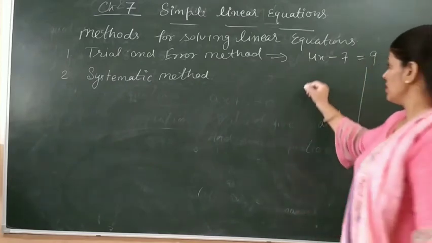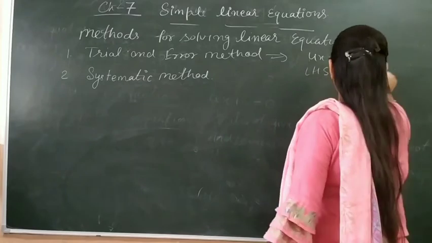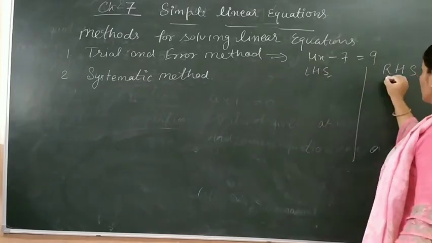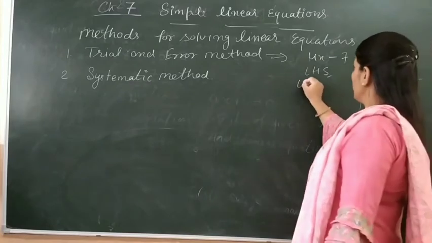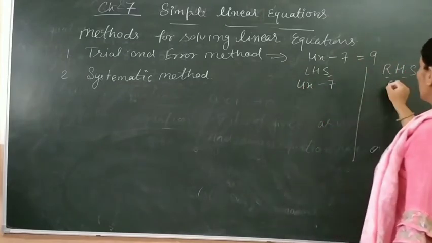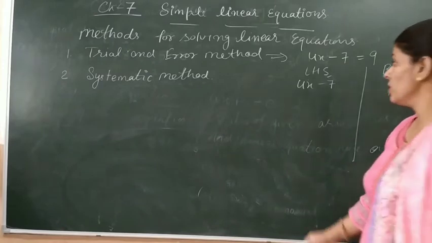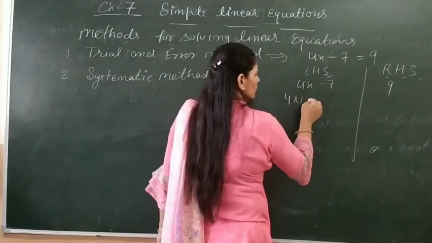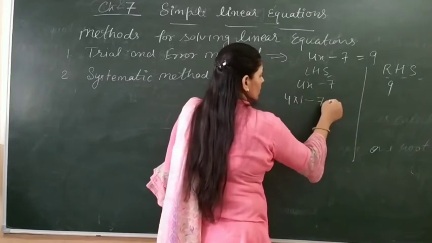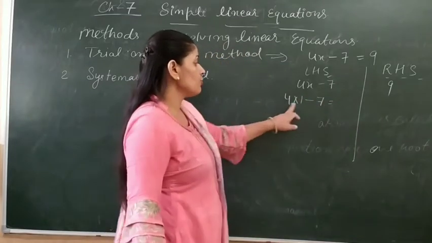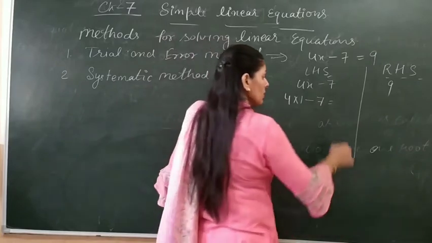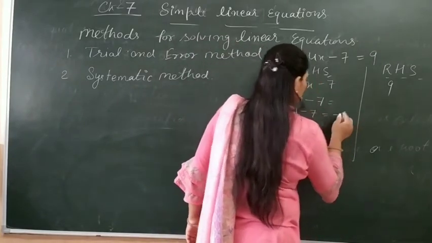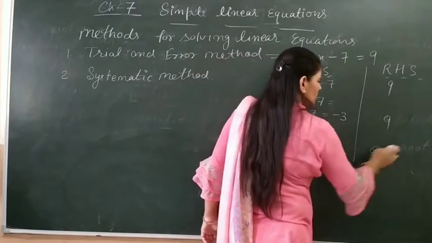Take LHS and RHS, left hand side and right hand side: 4x minus 7, and this is 9. Let x is equal to 1: 4 into 1 minus 7, that is 4 minus 7, which is minus 3. Not equal to 9.